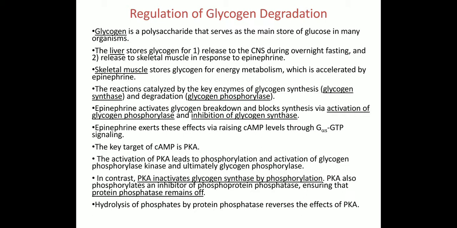PKA phosphorylates and thus inactivates glycogen synthase, the enzyme that synthesizes glycogen. The PKA promotes glycogen degradation indirectly by phosphorylating and thus activating the intermediate kinase, glycogen phosphorylase kinase, that in turn phosphorylates and activates glycogen phosphorylase, the enzyme that degrades glycogen.